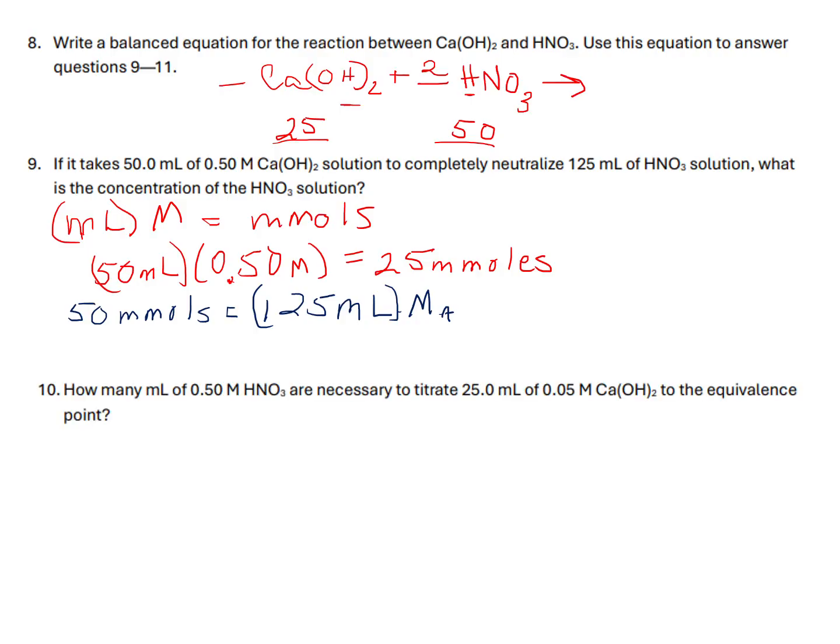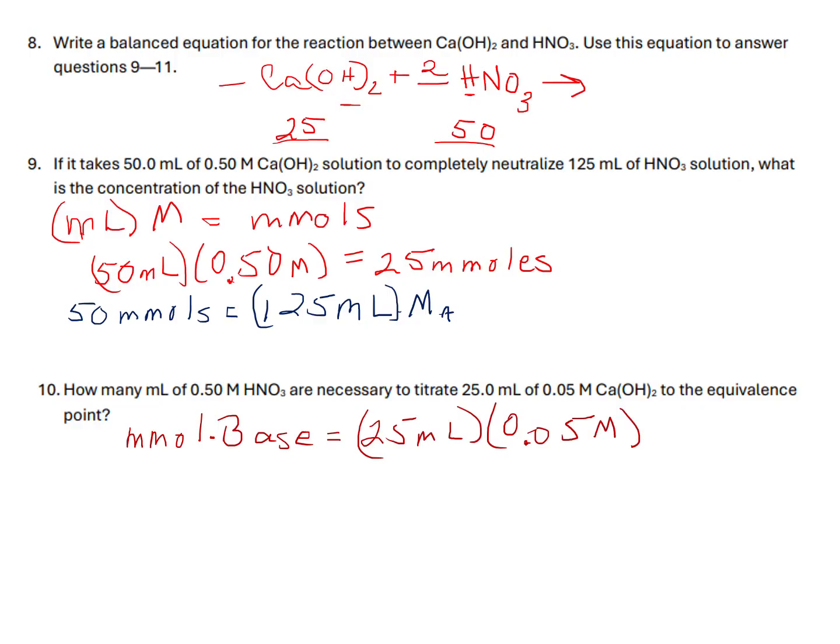All right, so 10 wants to know how many milliliters of 0.5 molar nitric acid are necessary to titrate that much of the calcium hydroxide. So now we're solving for volume. Other than that, it's pretty much the same thing. So you find your millimoles of the base, which is equal to 25 milliliters times 0.05 molar calcium hydroxide.